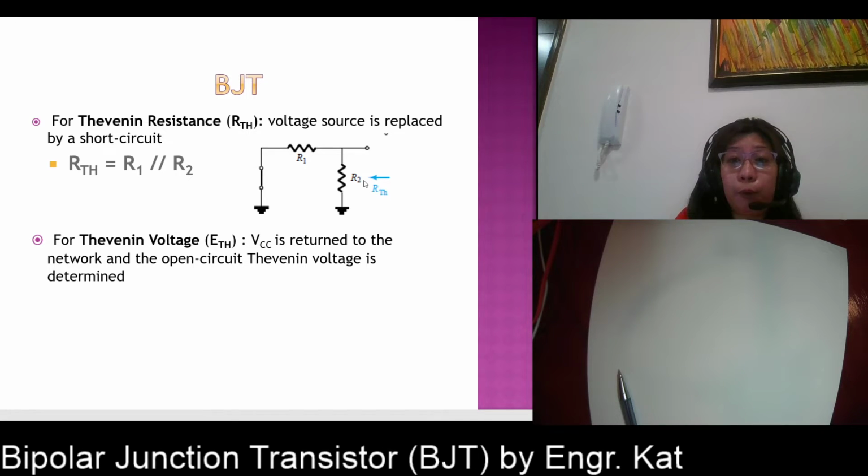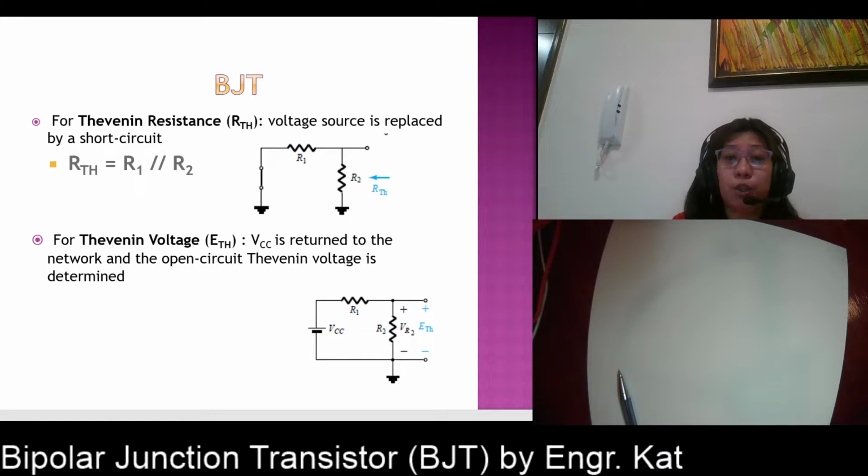So, whatever the voltage across R2, that will be your ETH. Using voltage divider configuration, because R1 and R2 will just divide your VCC, the voltage across R2, VR2, is equal to R2 multiplied by your VCC divided by R1 plus R2.